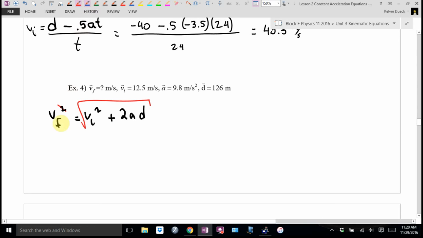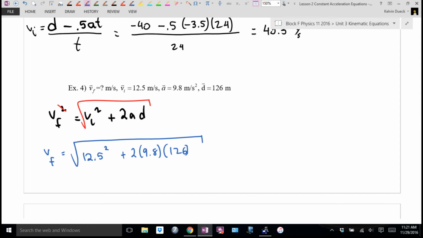Now, we can plug and chug. It's going to be a big square root of 12.5 squared plus 2 times 9.8 times 126. Tricks of the trade.